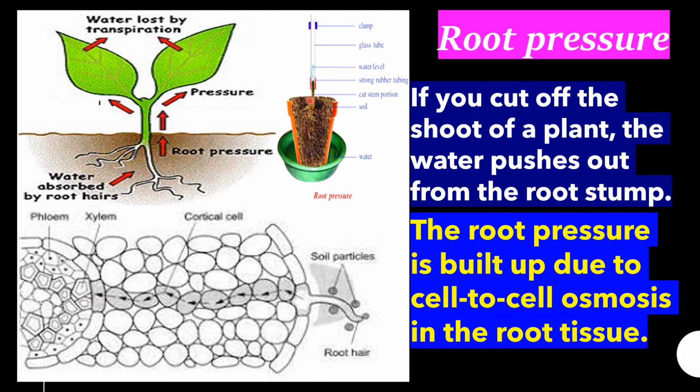Yes, you can see here, this is due to root pressure. Then a question may come like this: if you cut off the shoot of a plant, the water pushes out from the root stem. What is the reason? This is due to root pressure.